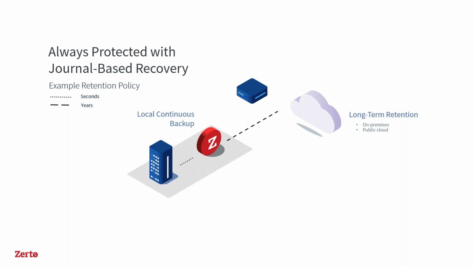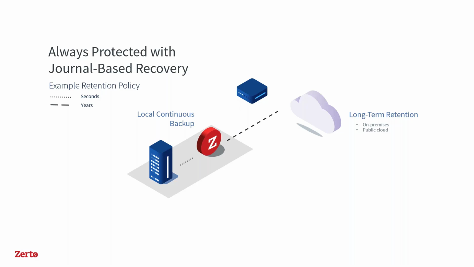This local copy is both a replica disk and a journal, allowing you to have a granular recovery from that journal. Now, of course, the journal is limited to a retention of 30 days, but combining that with long-term retention to native public cloud targets or to more cost-effective on-premises NAS appliances allows you to take that copy from the journal and store it on cost-effective secondary storage.